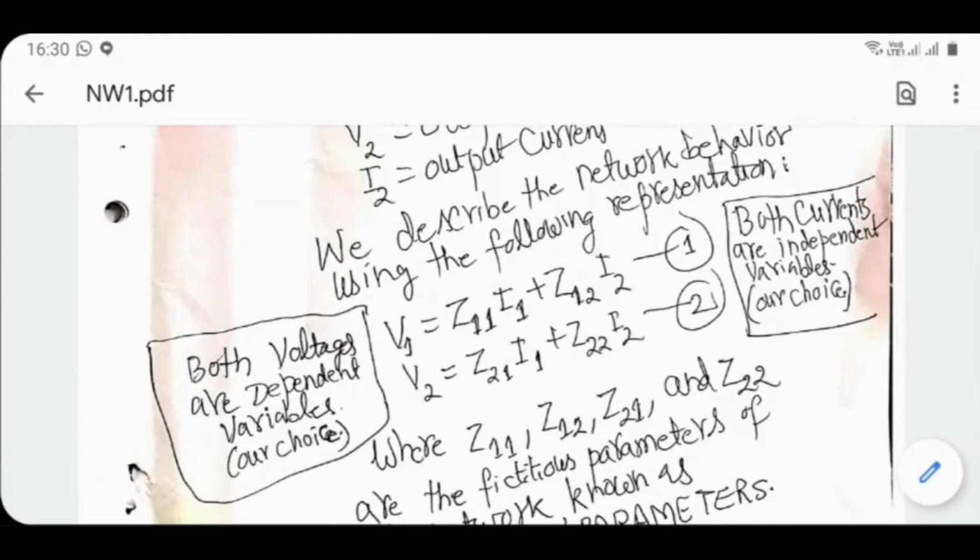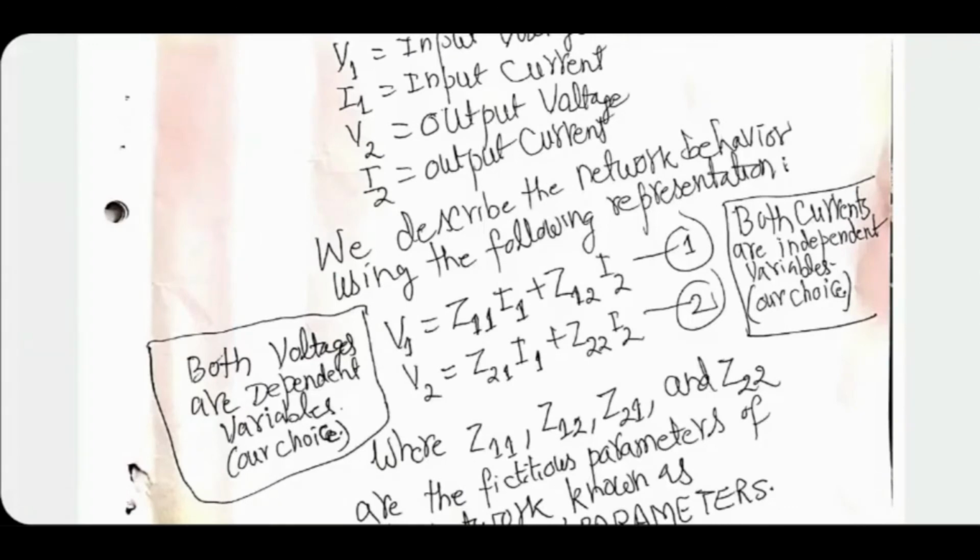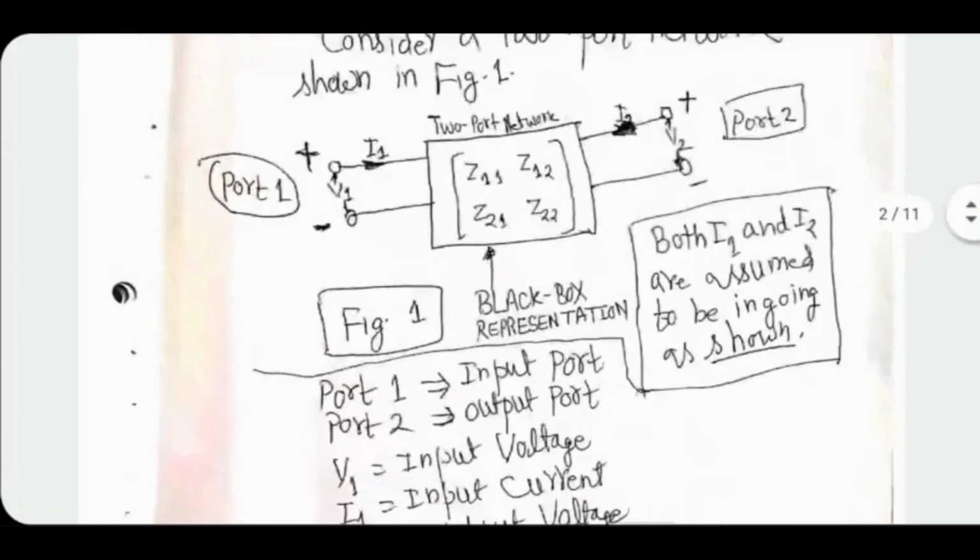Under the condition I2 equal to 0, the ratio V1 divided by I1 should give me Z11, right? That is the way the equation is. And I2 equal to 0 means you open circuit the output so that no current is there in the output. So practically speaking, a given network, if you want to figure out its Z11, you simply open the output and take the ratio of V1 upon I1.